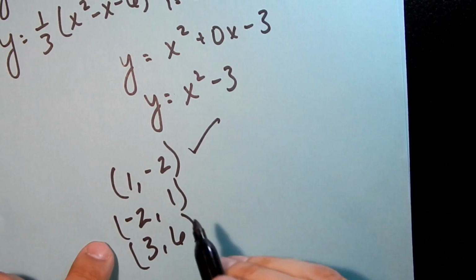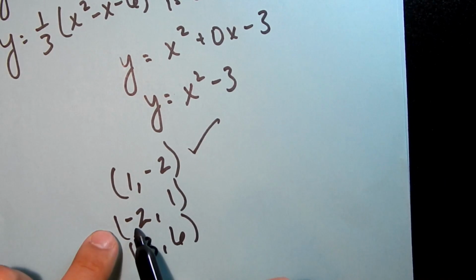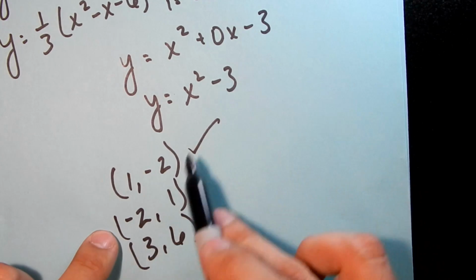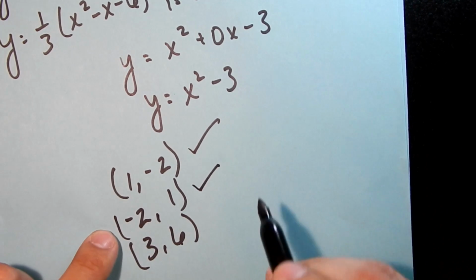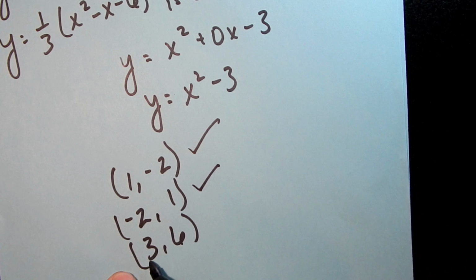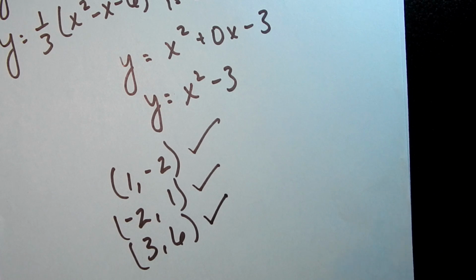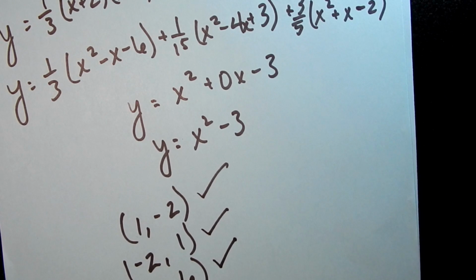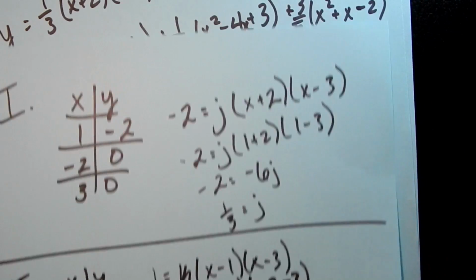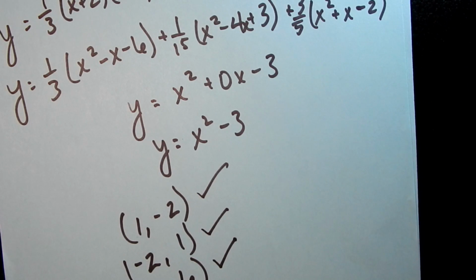That works. Square 2, square negative 2, you get 4, subtract 3, you get 1. That works. 3 squared is 9. 9 minus 3 is 6. That also works. So we end up with a very simple solution from a slightly complicated or convoluted process.